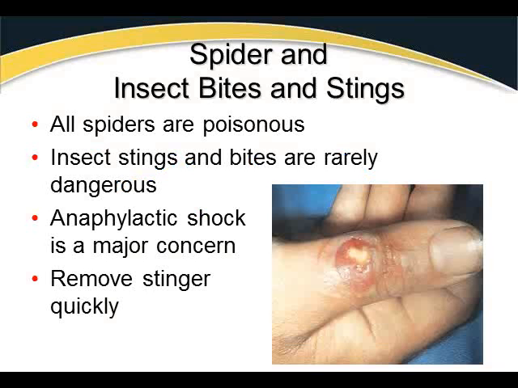All right, bites and stings. All spiders are venomous, but they're not all dangerous to humans. There are actually only two significant families of dangerous spiders within the United States: the recluses and the widows.